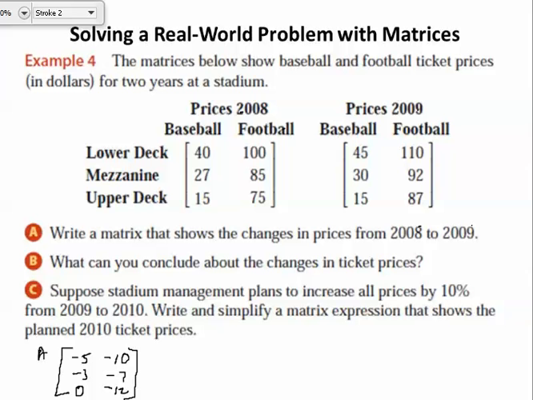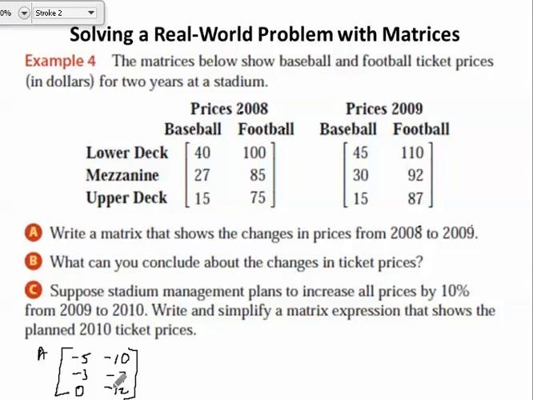Now, what can you conclude about the changes in ticket prices? I think the mezzanine has changed the least, because negative 3 and negative 7, as opposed to 0 and 12 or 5 and 10. I would say that all the prices have gone up in price.